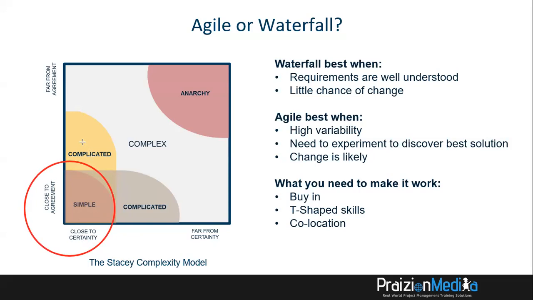But as you begin to venture towards complex, you find that you can no longer use very predictive methods. And that is where Agile begins to thrive, all the way into anarchy space. You've got no clue what you're going to be doing, and it's full-on chaos. That is when Agile thrives. So for this exam, you do need to understand both the world of predictive and the world of Agile. And that is exactly what we will be presenting to you all throughout the course, predictive and Agile.